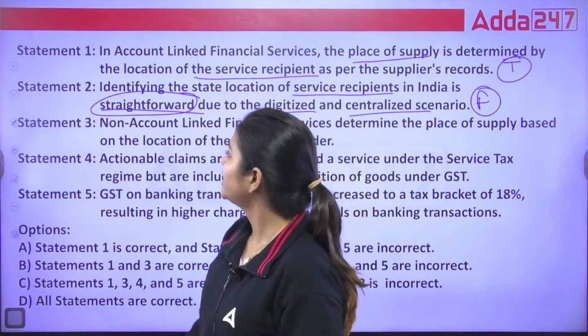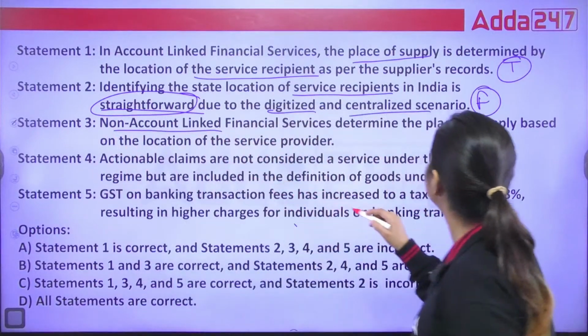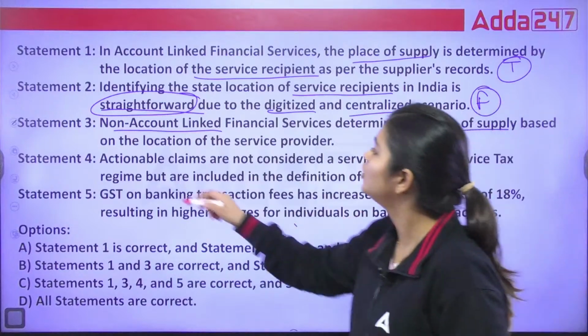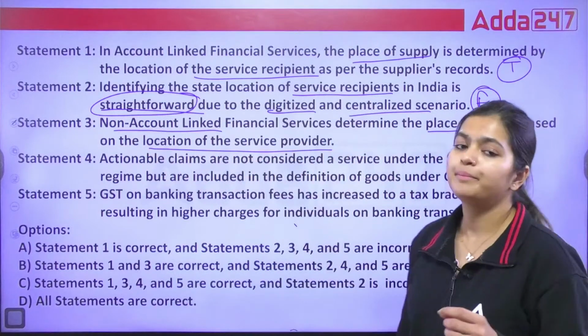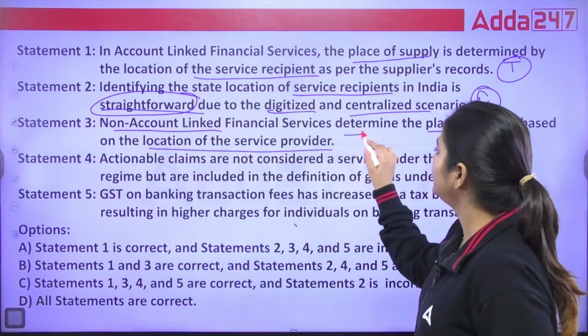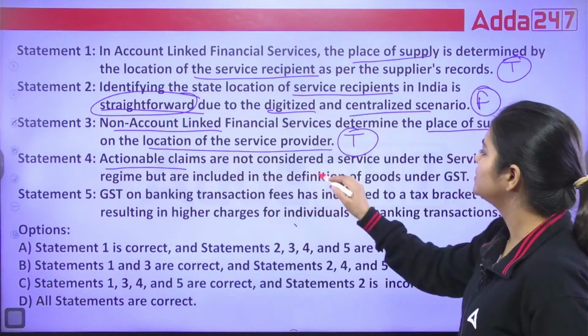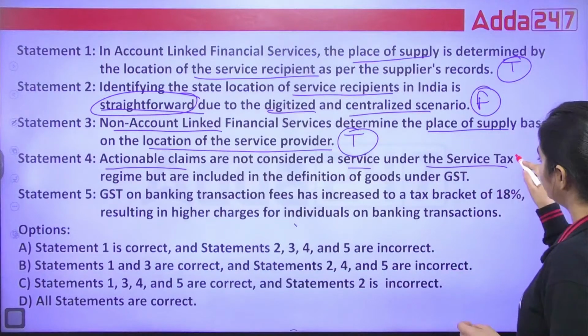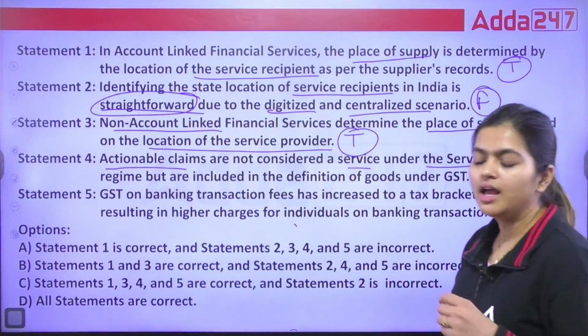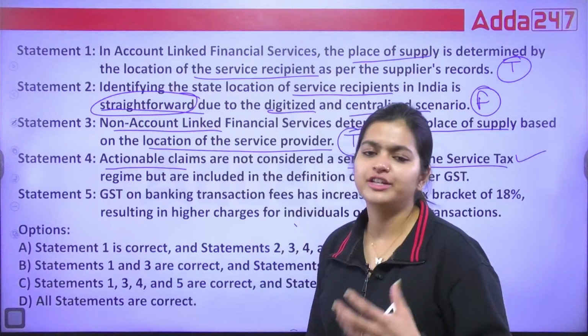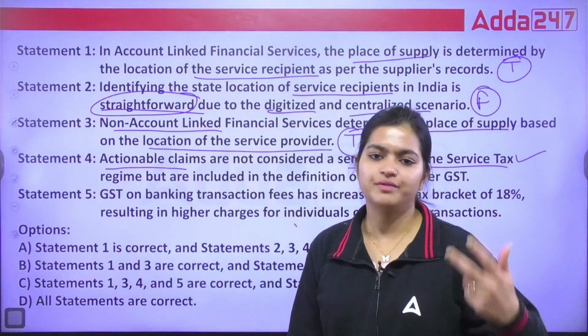Chaliye. Third statement, non-account linked financial service determines the place of supply based on the location of the service provider. Correct. This is also the correct statement. Fourth, actionable claims not considered as service under service tax. This is true. Before GST, there were different types of taxes like service tax, VAT, Octroi.